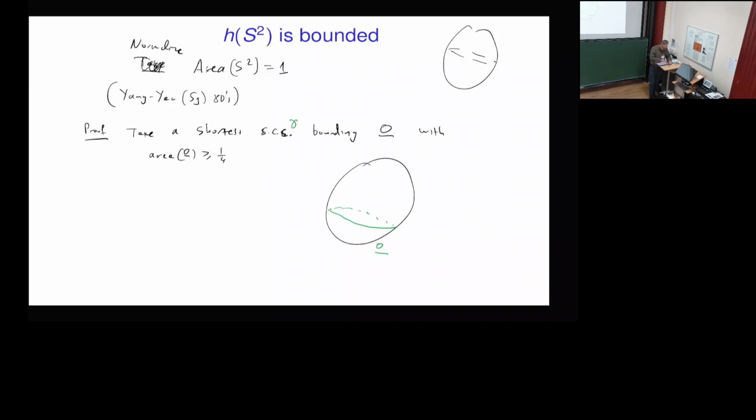Now I'm going to think of the complement of omega, let's say omega 1, and see what I can say about its area. I know the area of S2 is 1, of course. And now let's say gamma is very long. So let me draw another picture. I have my gamma, and I have omega 1 there. And now I'm going to cut gamma into 4 equal pieces.